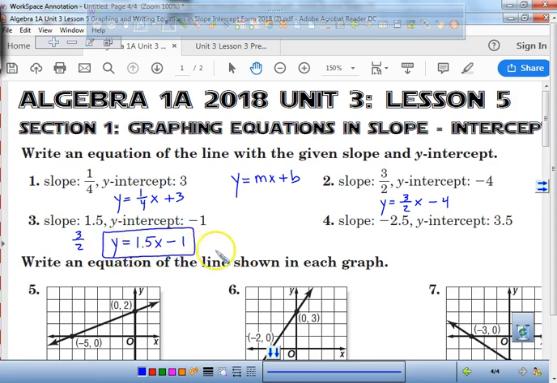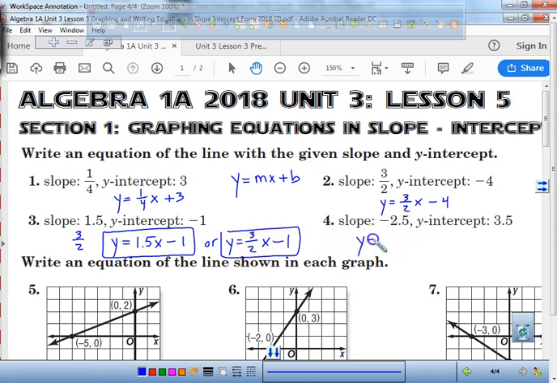So if a student knew their decimals to fractions, and would have written y equals 3 over 2x minus 1, I want you to understand that these mean the same, okay? They're the same line. That's in decimal form, that's in fraction form. What do I prefer when I'm trying to graph it? I prefer fractions, because that tells me how much I go up and how much I go over.